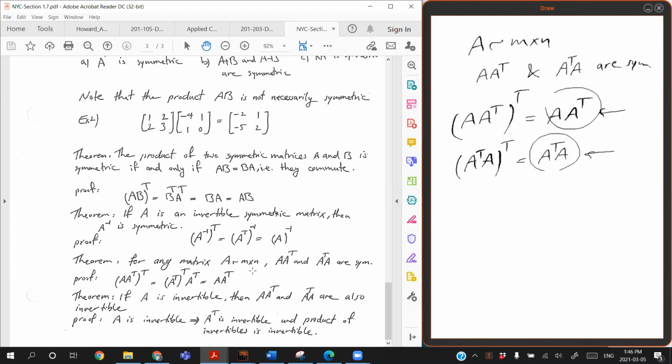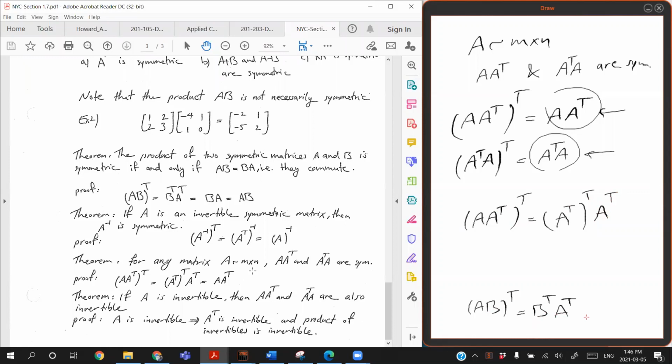Now, let's just prove the first one. A A transpose transpose. We know that generally AB transpose is B transpose A transpose, right? So this one becomes A transpose transpose times A transpose.